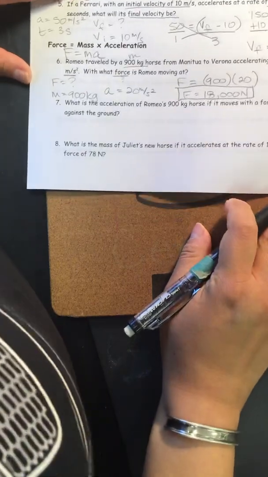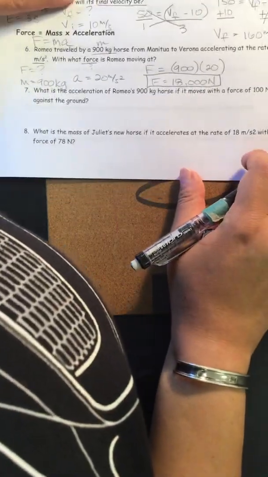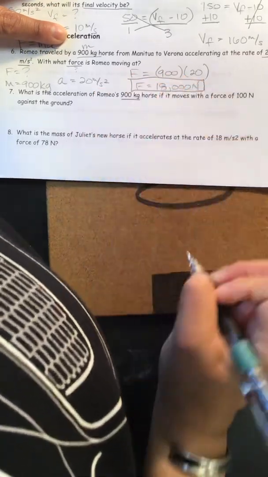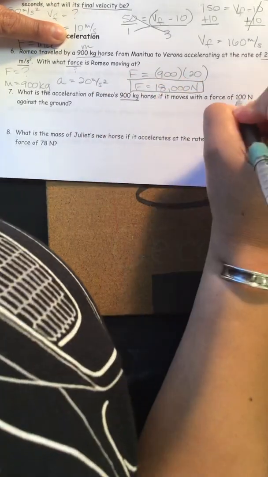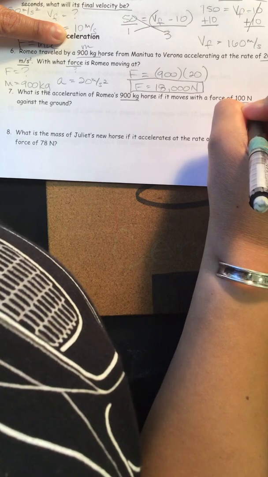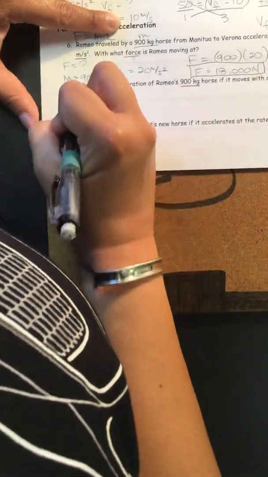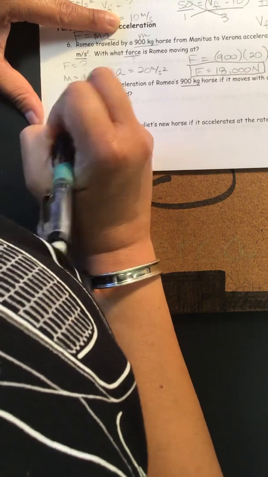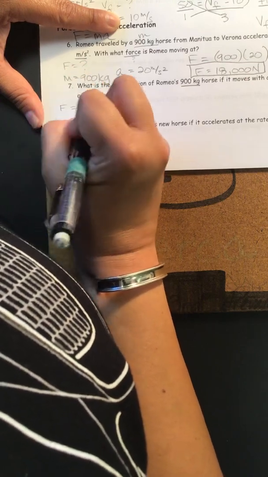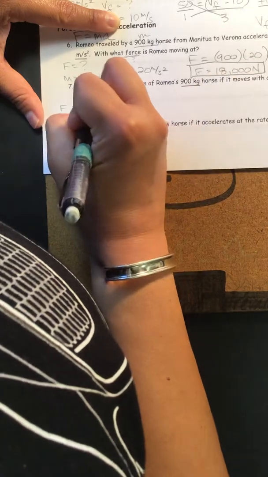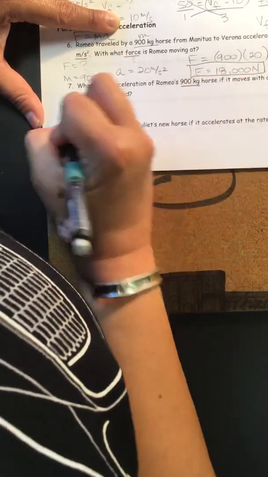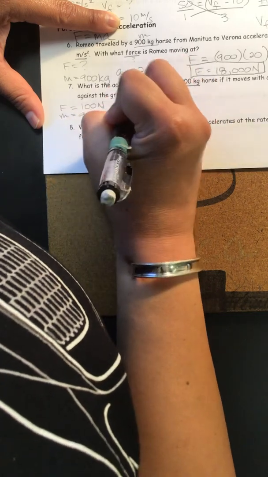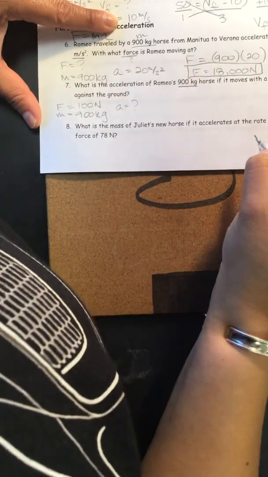newtons. Number 7, what is the acceleration of Romeo's 900 kilogram horse if it moves with a force of 100 newtons? So now we have force is 100 newtons. Mass is equal to 900 kilograms, and we don't know what the acceleration is.